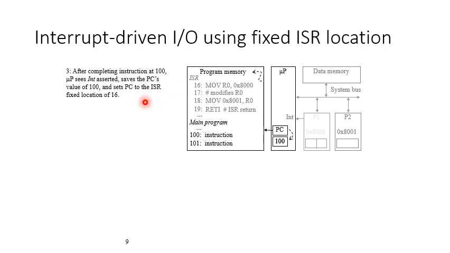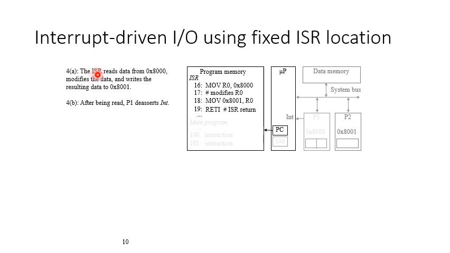That is our fixed location. So after completing the instruction at 100, the microprocessor sees INT asserted, saves the PC value of 100 and sets PC to ISR, that is our interrupt service routine, fixed location of 16.